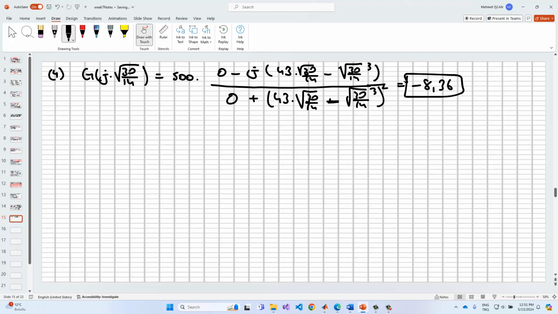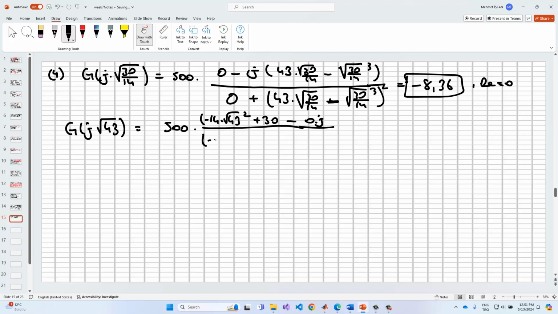Okay, this is the case where the real part is equal to 0. We can also calculate the case of ω equal to the square root of 43 with the same idea. 500 times (30 minus 14 times 43), because the imaginary part is 0, right?